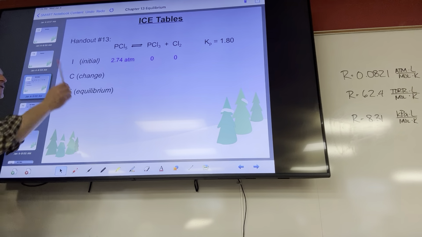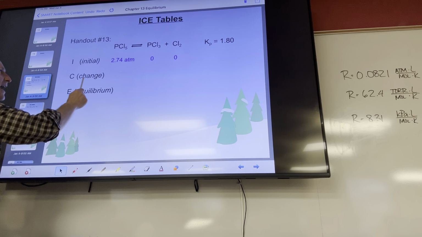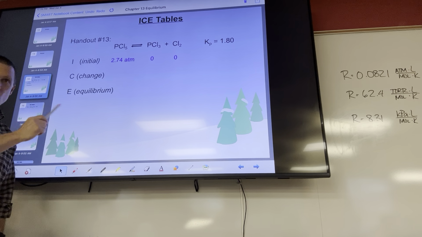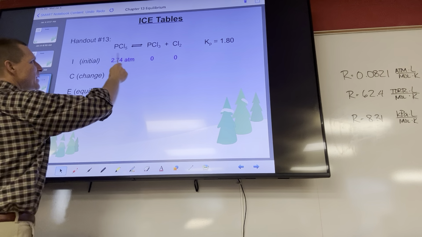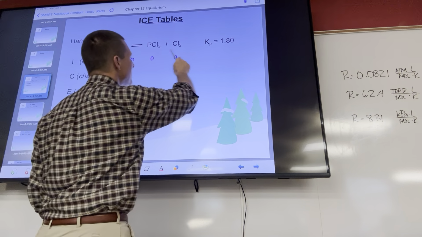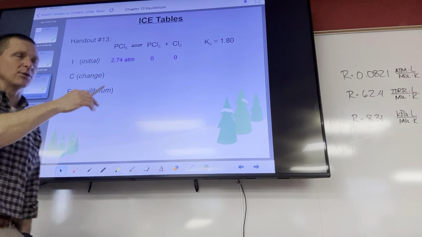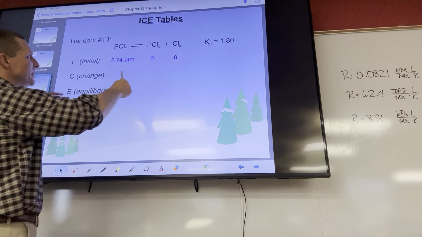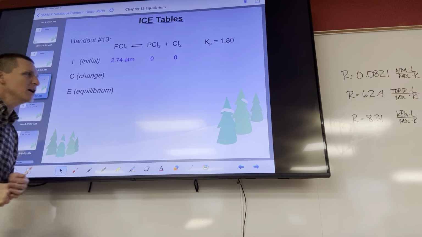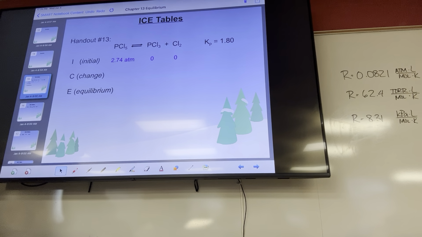Now, for this first problem, I'm writing what the I, the C, and the E stand for. That's the only time that I'll do that. But this is the way that we set up the problem. I always give the chemical equation with the K value if it's given to us. And then for the initial, whatever else the problem gives us. The only thing that it tells us is what pressure of the reactant we're starting with.